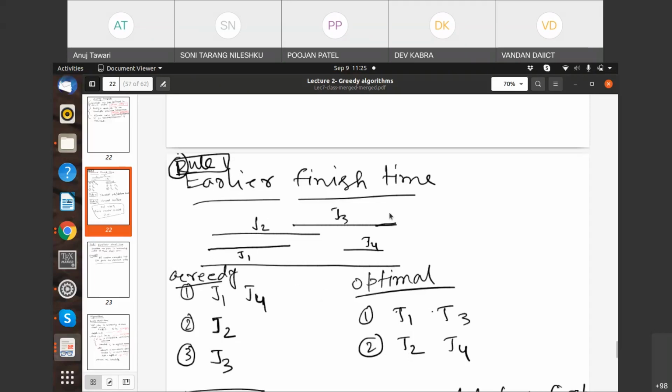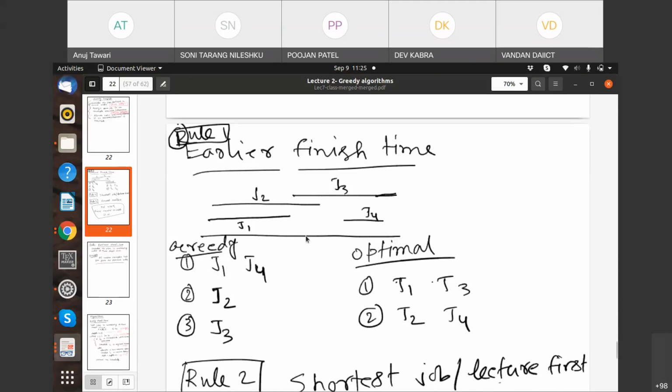Then comes J3. J3 doesn't intersect with J1, so you put it in the same classroom. And then comes J4. J4 doesn't intersect with J2, so you put it in that classroom. So this is how you get the optimal thing.